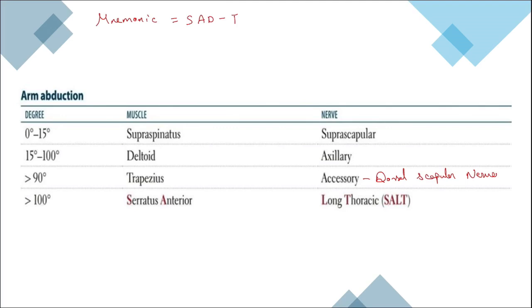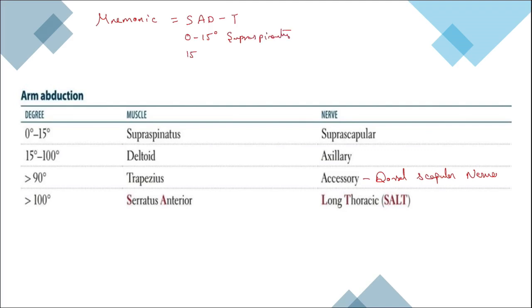Next one, serratus anterior muscle is innervated by the long thoracic nerve. The range of motion will be greater than 100 degrees. For your understanding: 0 to 15 degrees means that is the supraspinatus muscle.